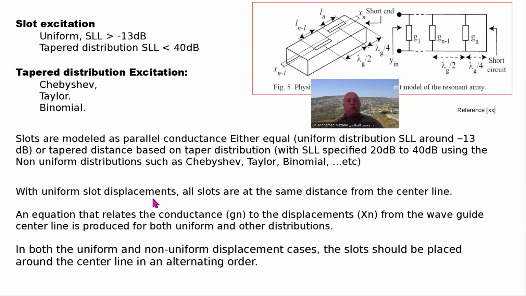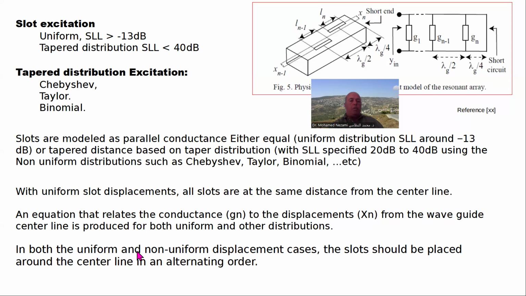With uniform slot displacement, all slots are at the same distance from the center, so that makes your fabrication really easy. An equation that relates the conductances, these are the GNs, to the displacement xn, that's the offset of these slots from the waveguide center line, is produced for both uniform and other distributions, okay?